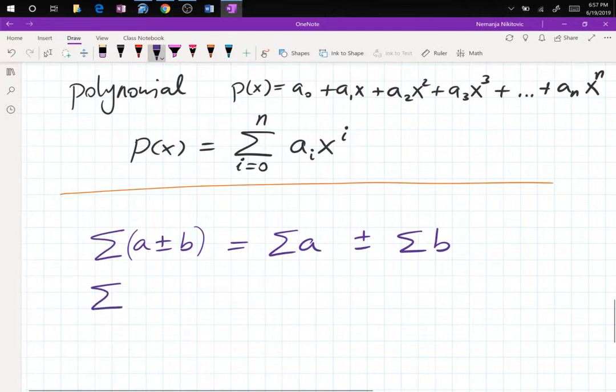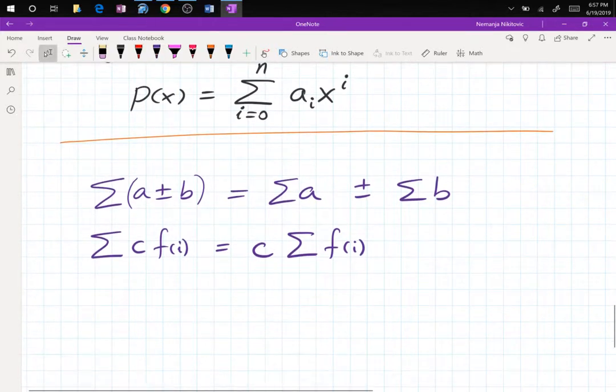And if I have a summation of some kind of constant times, let's say f of i, you can kick the constant outside. So these are the standard properties you've seen for limits, right?